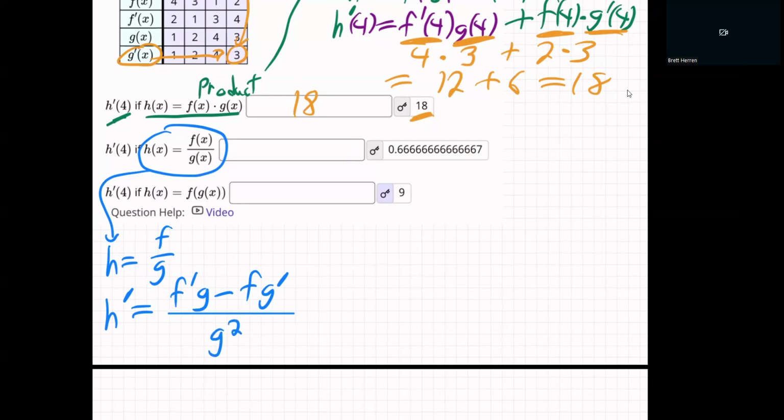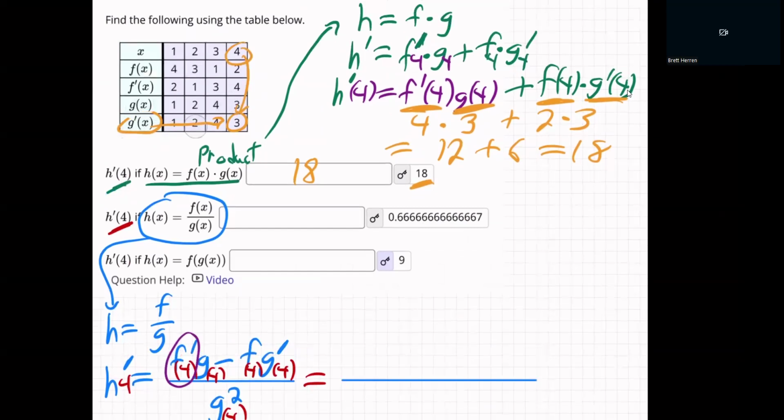So we want h prime of 4. So plug in a 4 everywhere. What are we going to get? Let's go piece by piece. First up, f prime of 4. What's that? It's got to go back to this table and find them all one at a time.